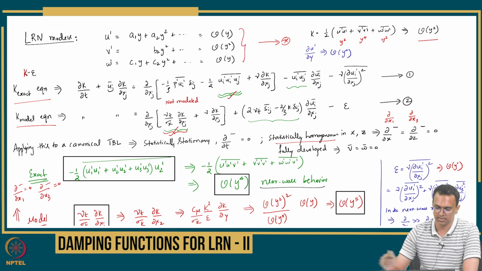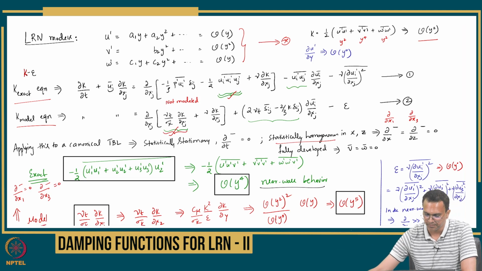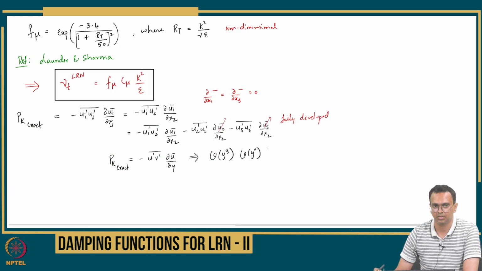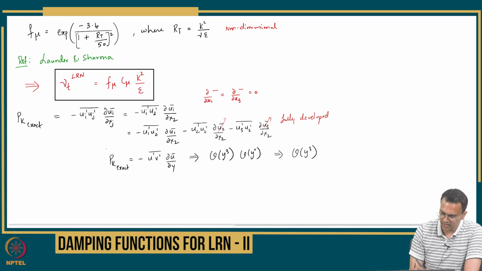We have not done the Taylor series expansion for mean velocities, but if I do it, I expand, apply the boundary condition, and I get the same near wall behavior. So u bar and u prime will have y dependency only. That means dou u bar by dou y will give me only y cube behavior for the Pk exact.